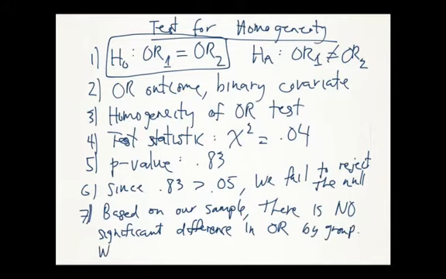So as a result, we can combine the two odds ratios into one. Okay? So that's our test for homogeneity.